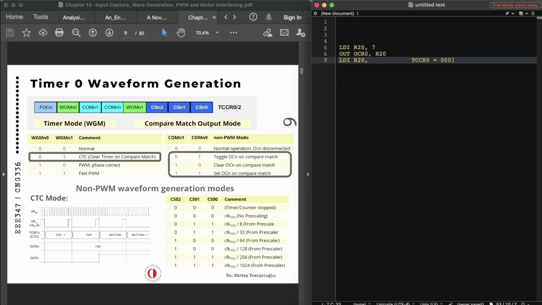Okay, and let's say it's going to be 1. And then WGM, that's going to be 1 as well. And then toggle, so this is going to be 0, 0, 1. Okay, so this is going to be 0, 0, 1, no prescaling. In this case, that's going to be 0x19. And then this is going to be out TCCR0, R20 because we are having a prescaling of one.